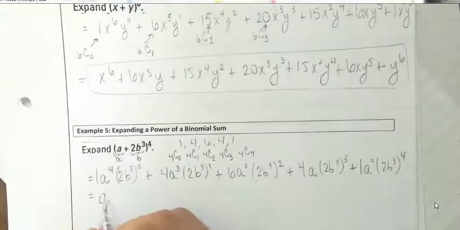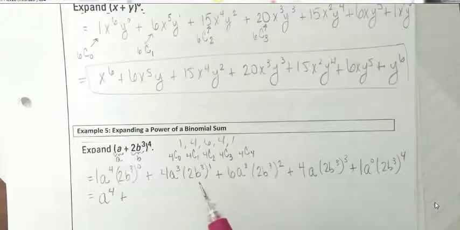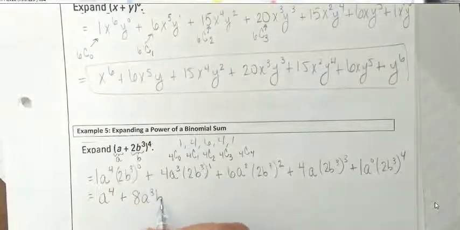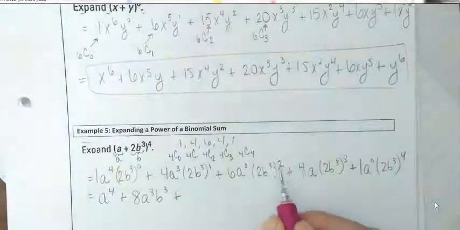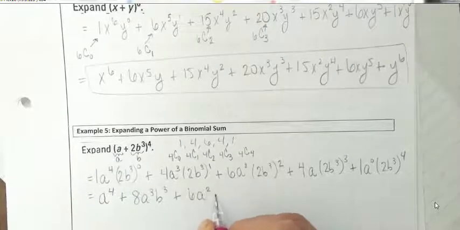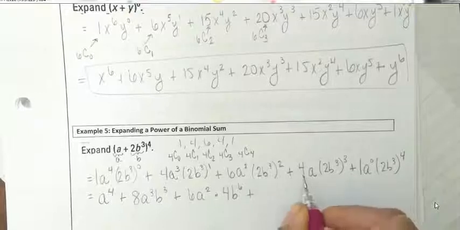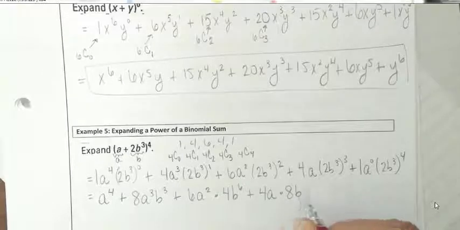All right, so just simplifying: a to the 4th plus, okay, this is where it gets a little bit more complicated. So this one's going to be easy because this is still going to be 8a cubed b cubed. But now I'm going to slow it down a little bit, and I'm going to start taking care of these exponents first. So I have 6a squared times, and that's going to be 4b to the 6th. Then I got 4a, and that's going to be 8b to the 9th.